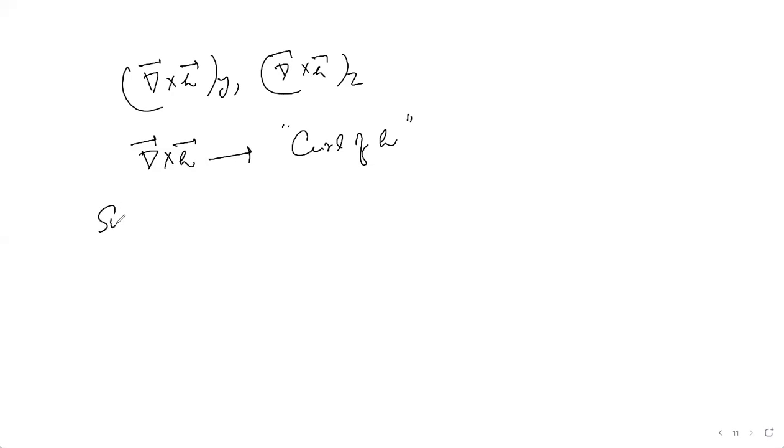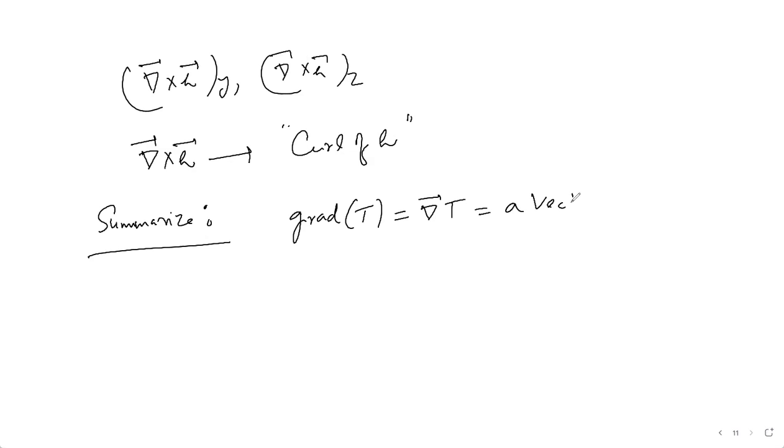So let's summarize a few things. And the first thing is, when I say grad of some scalar function, grad T, which I can write down something like this also, this is basically a vector.